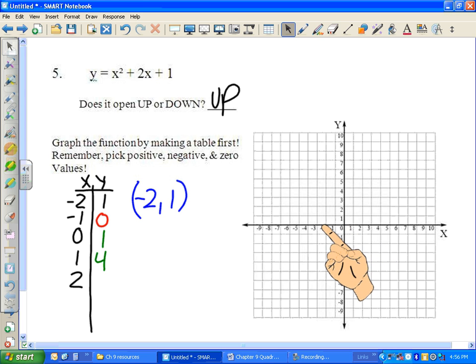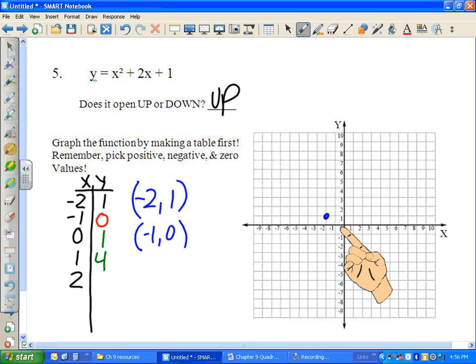I don't put a point right there. Now you go up 1, right there. Done. Next point, negative 1, 0. That means I'm going to go negative 1 on the x going this way, and then 0 going up or down. Oh, I'm already at 0, so that's the point right there.